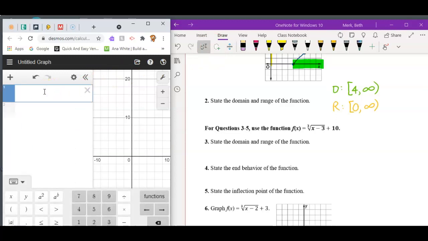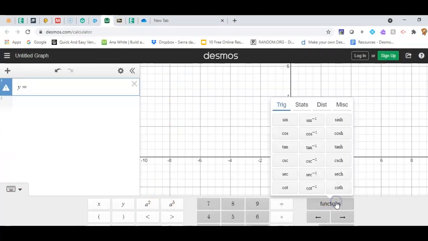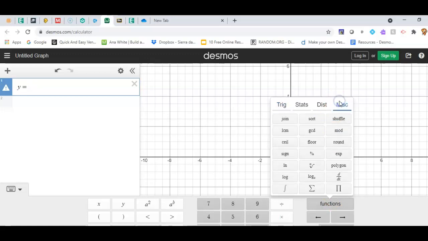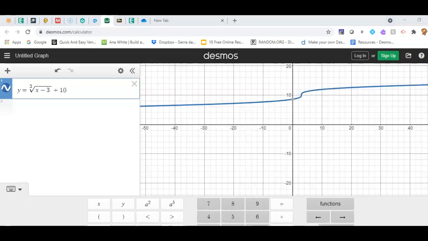And I'm typing y equals, next I need cube root, so I'm going over to my functions button, miscellaneous with an n, that'll allow me to put a 3 there, and then I'm typing x minus 3, and then outside plus 10, a picture of it so that I can determine the domain and the range.